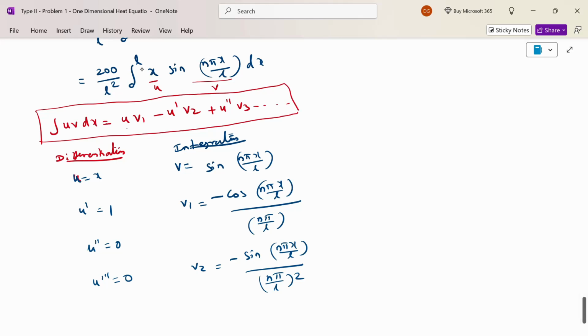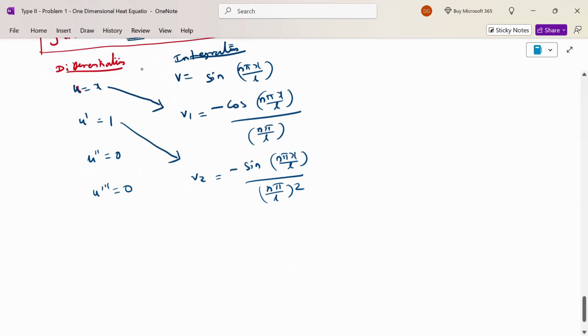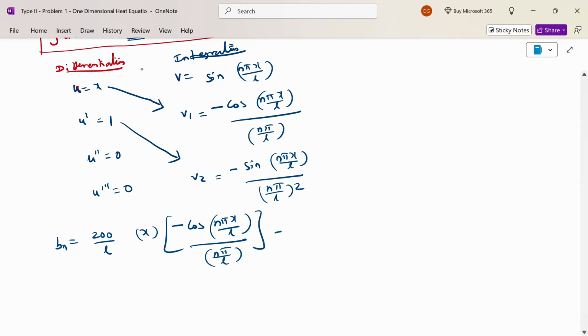Now what is the formula? u v1, u dash v2, u double dash v3. Since u double dash is 0, I stop at that term. Therefore bn equals 200 by L square times u v1, x times minus cos n pi x by L by n pi by L, minus u dash which is 1, times v2, minus sin n pi x by L by n pi by L square.